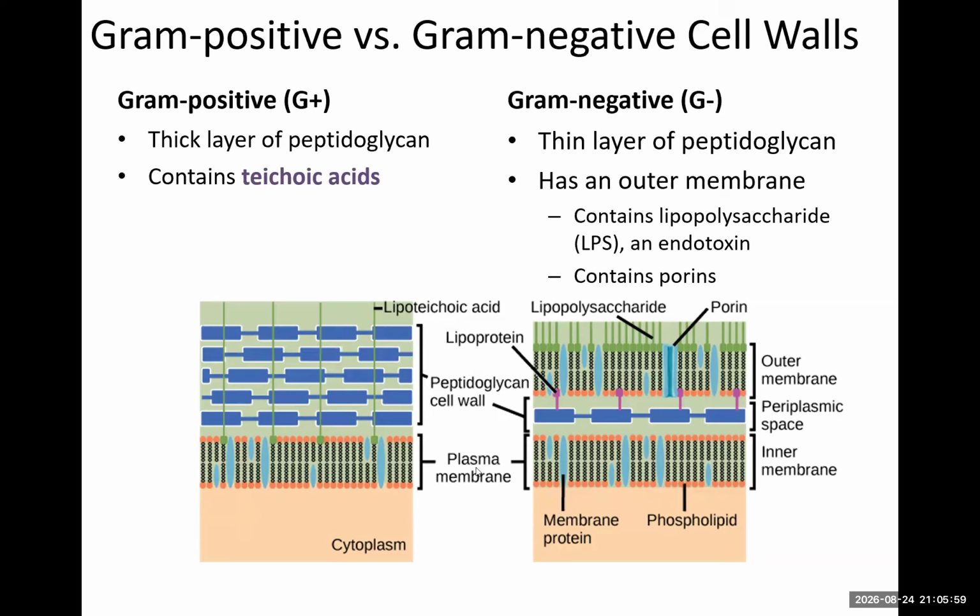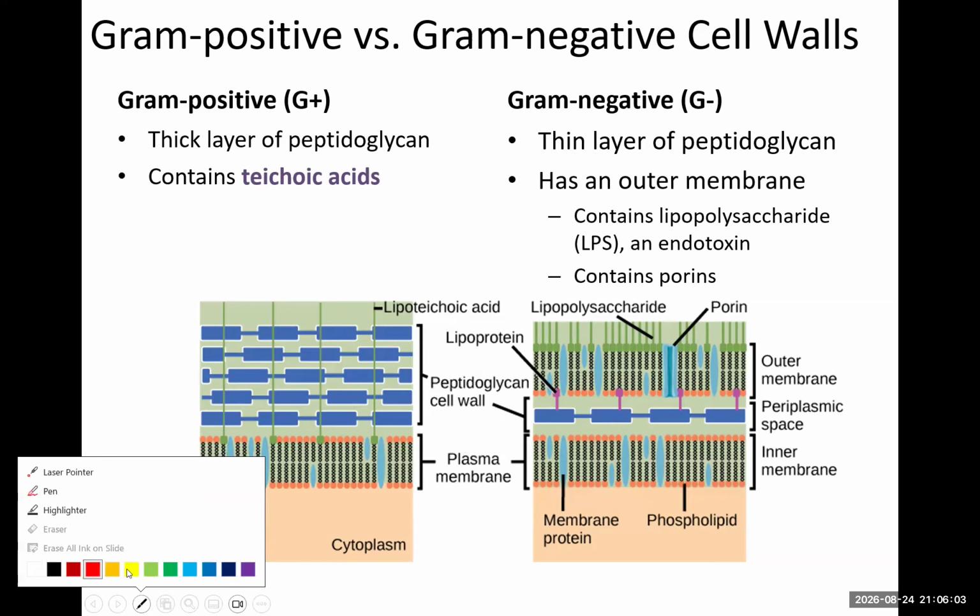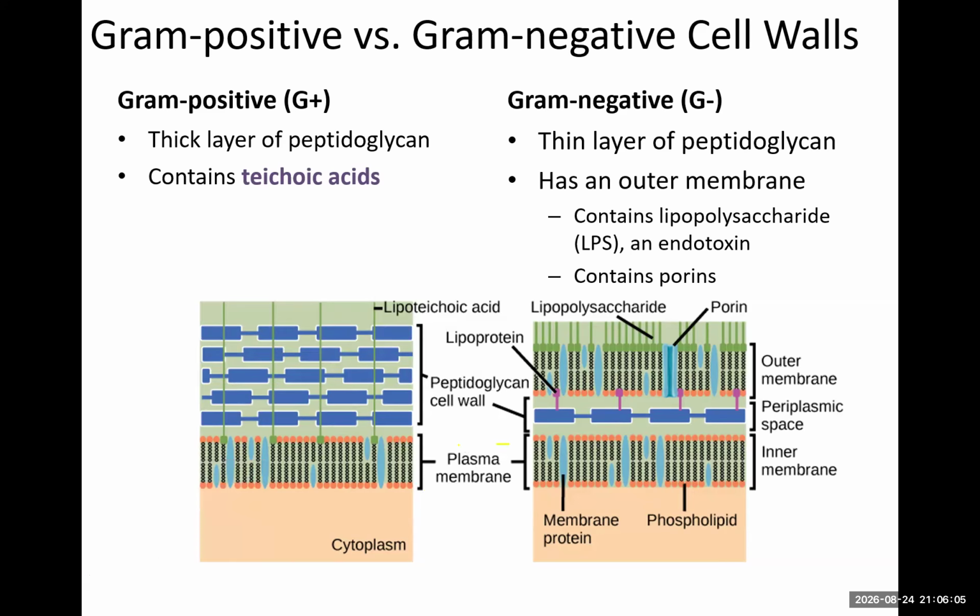Okay, so take a look at this picture, and you'll notice right here, let me get the highlighter. Here is our plasma membrane. Okay, so we're focusing right here on this left-hand image. We've got our plasma membrane, and then we have this big, thick layer of peptidoglycan.